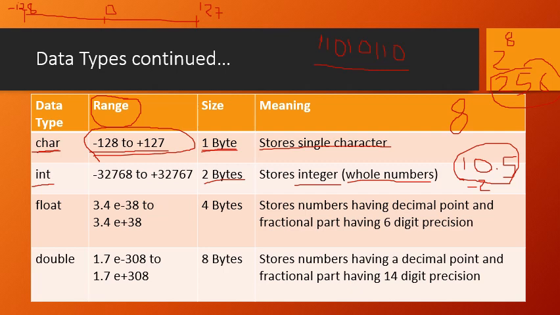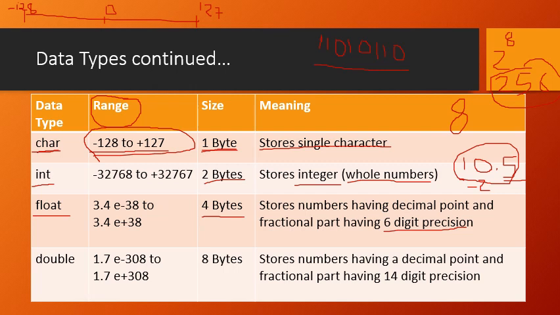In such cases, such variables have to be declared as float, which allows us to store the decimal as well as the fractional part. This fractional part can have 6 digits of precision, which means after the decimal point, on the right side, we can store up to 6 digits. Float requires 4 bytes of size in order to store.